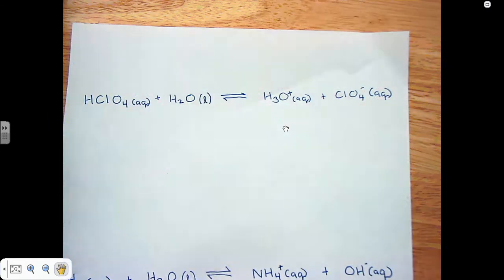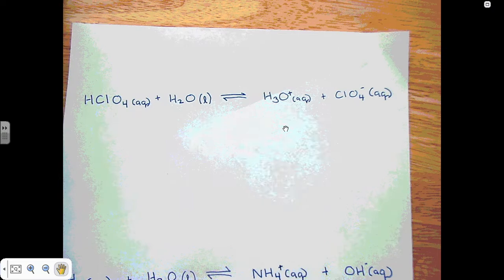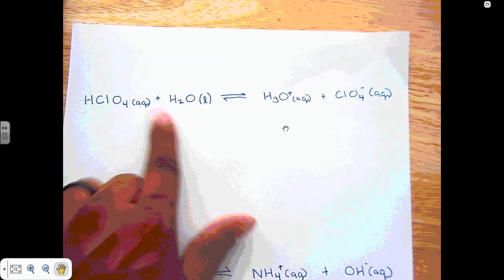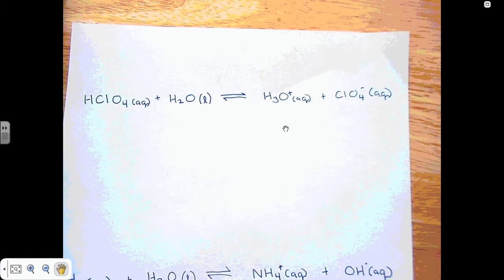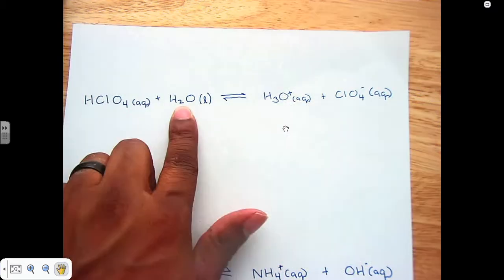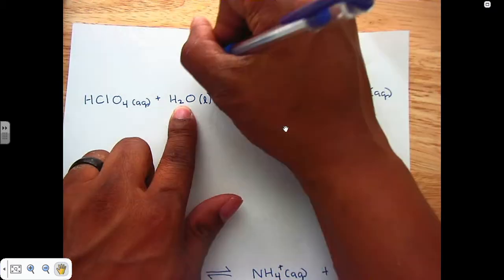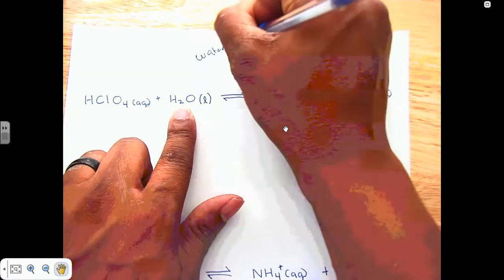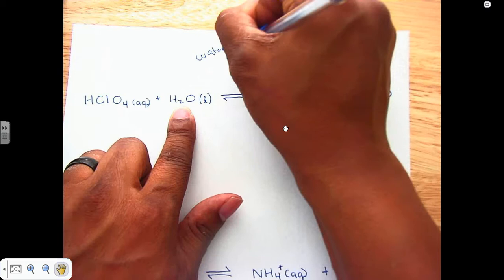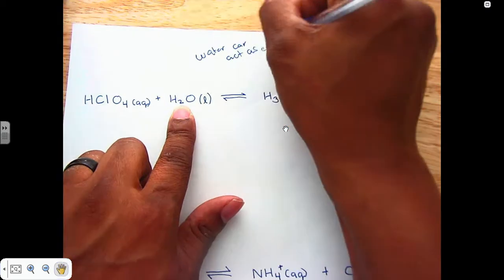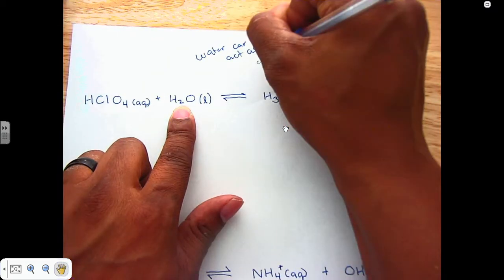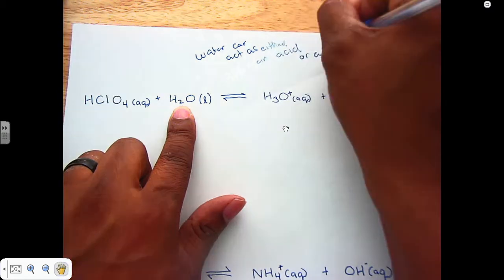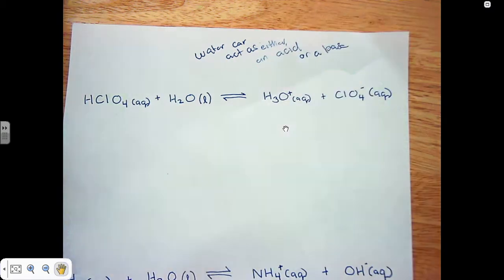Now before we start, I don't want you to get in the habit of thinking that one thing is always an acid or one thing is always a base, because, for instance, an example like water, depending on what it's reacting with, water can act as either an acid or act as a base. So you don't want to get in the mindset of thinking like that.